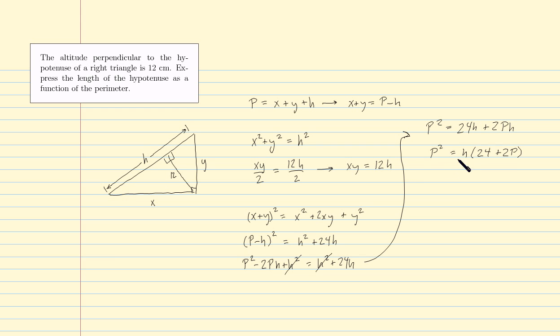And finally divide by this mess. So I get p squared over 24 plus 2p, and that is my hypotenuse length. And again, since I'm trying to write that length of the hypotenuse as a function of the perimeter, I'm going to write h of p here just to indicate that form. And there we go. We're done.